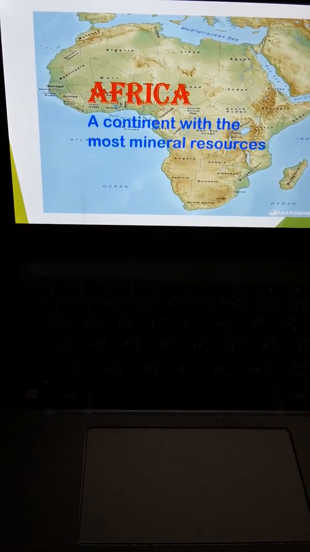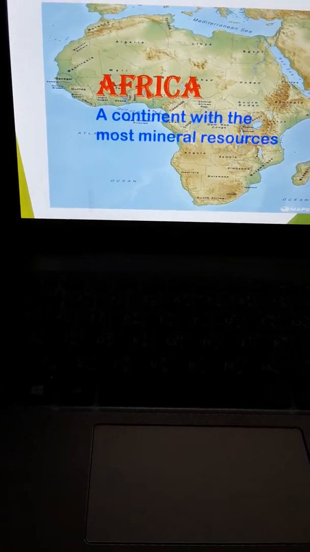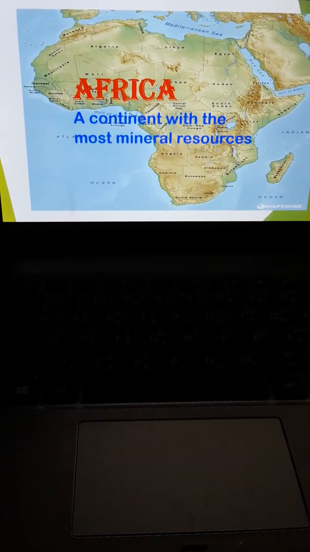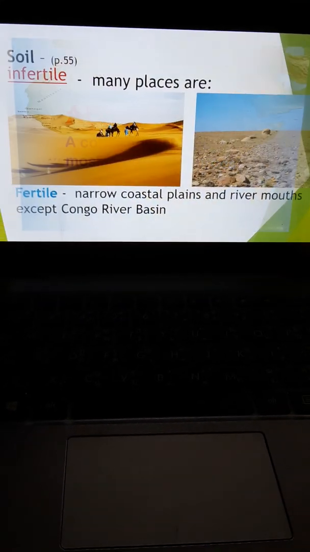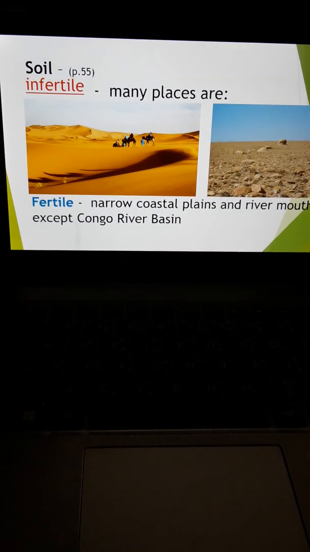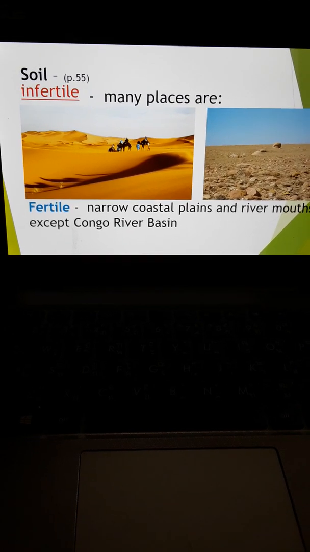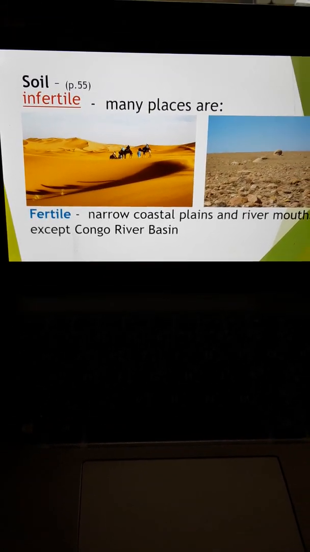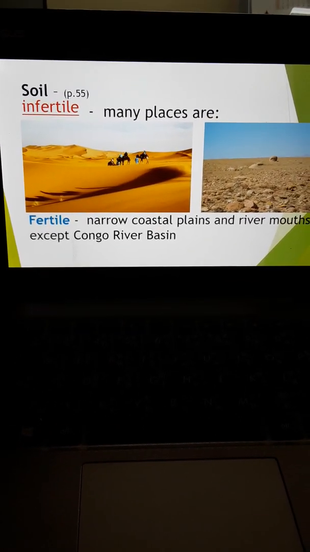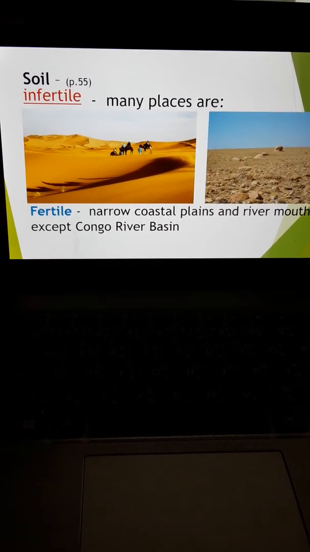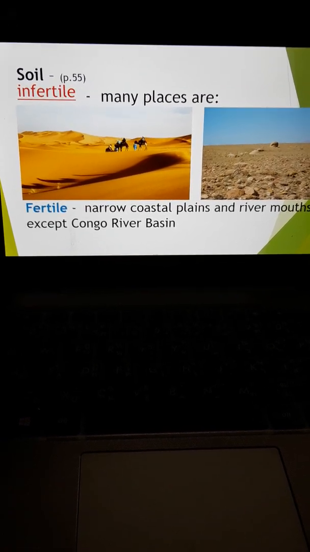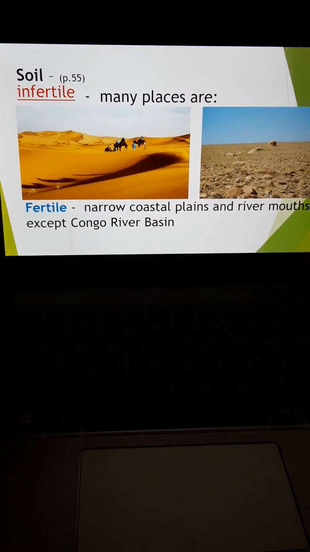Now, our last continent is Africa, a continent with most mineral resources. Soil, infertile. Many places are infertile because most soil is desert and semi-desert.